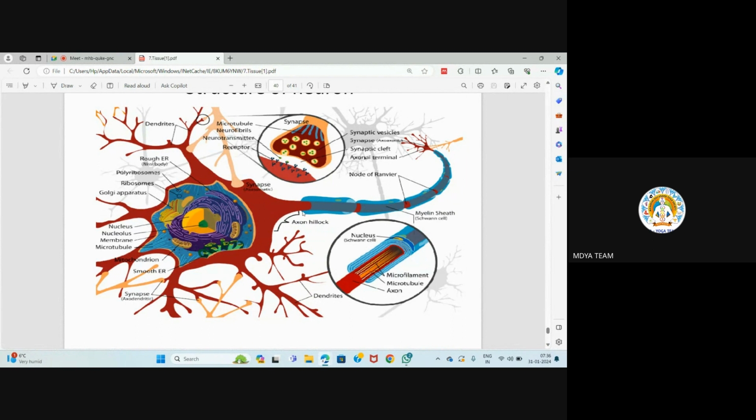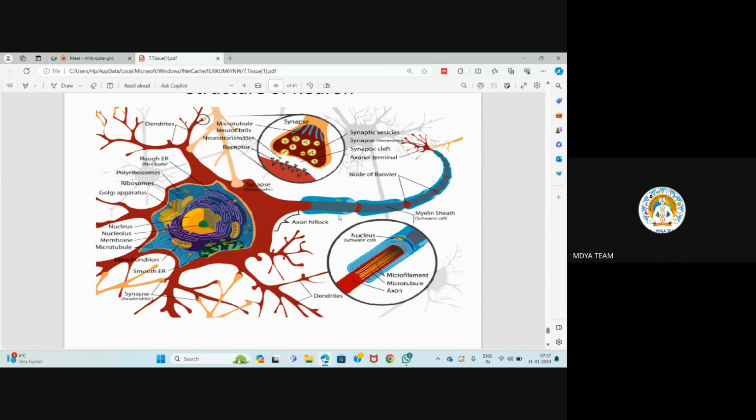And the extension of the cell body is the neuron, then the axon, and then the axon terminal. Here you can see how the myelin sheath is covering the axon.